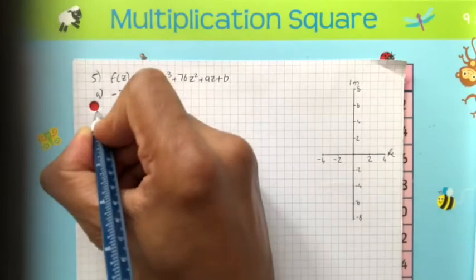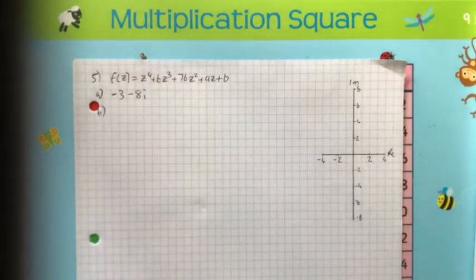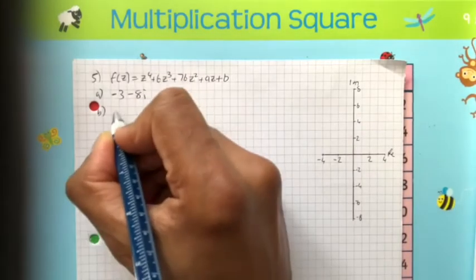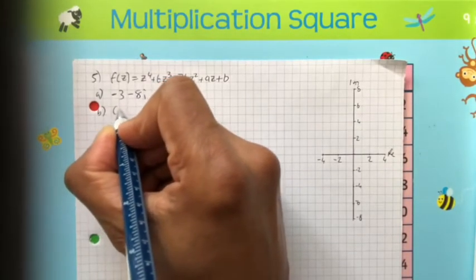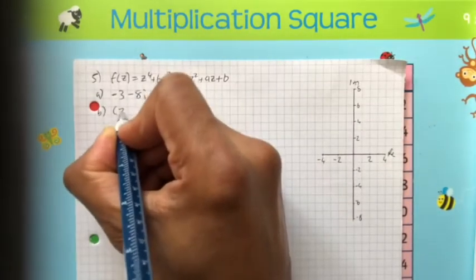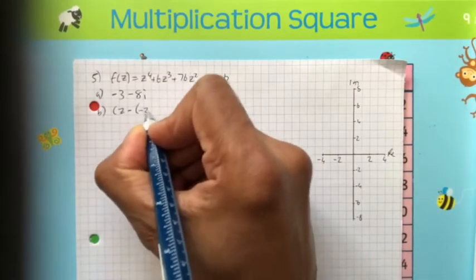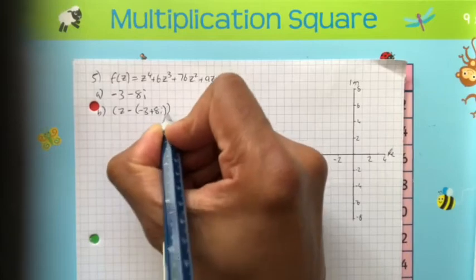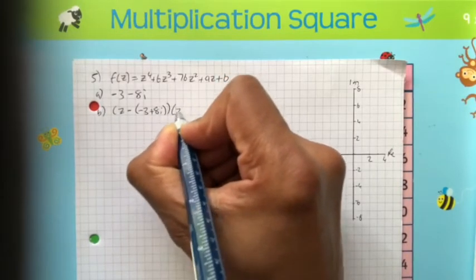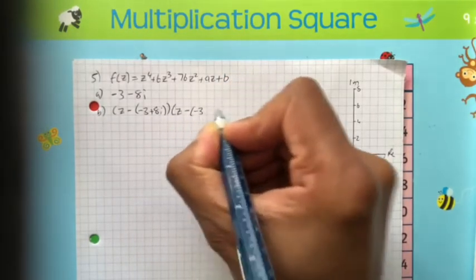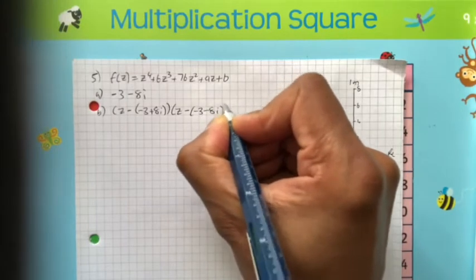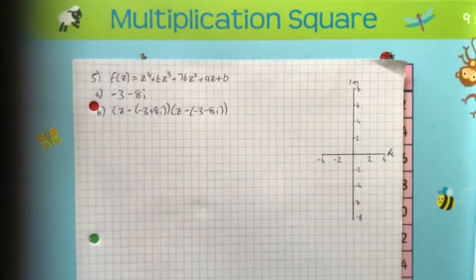So part B, hence or otherwise, find the other roots of the equation f of z equals 0. So what we have is z minus minus 3 plus 8i, z minus minus 3 minus 8i as the roots for our equation.